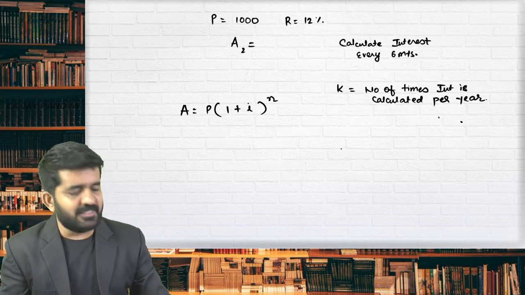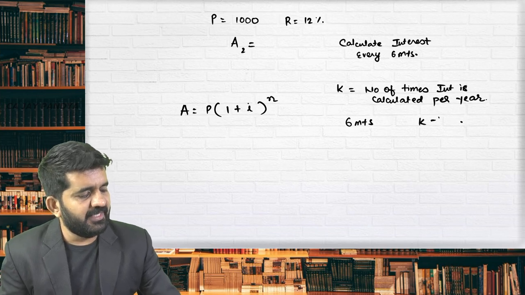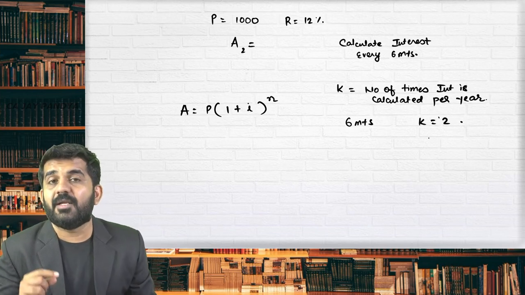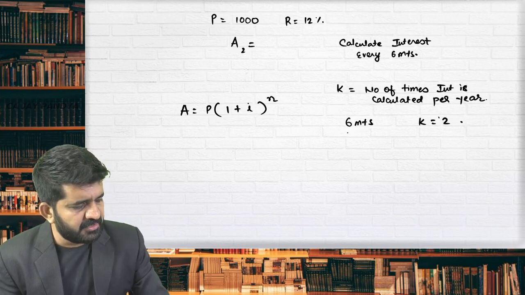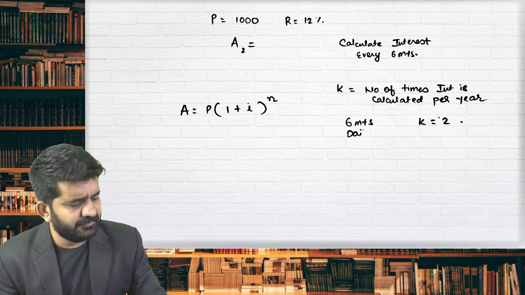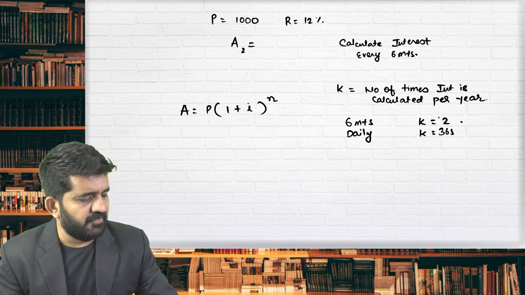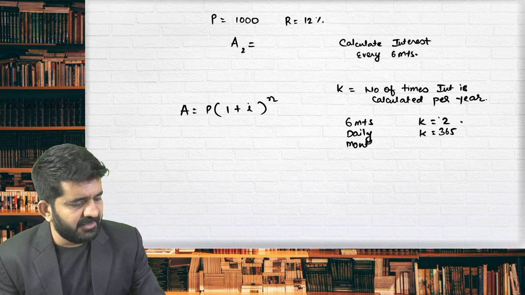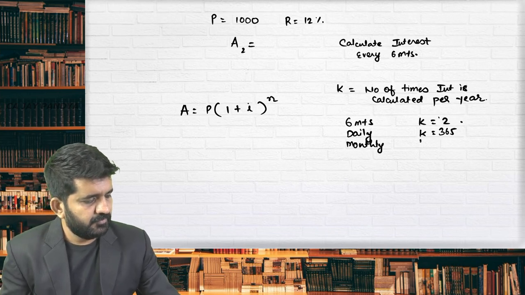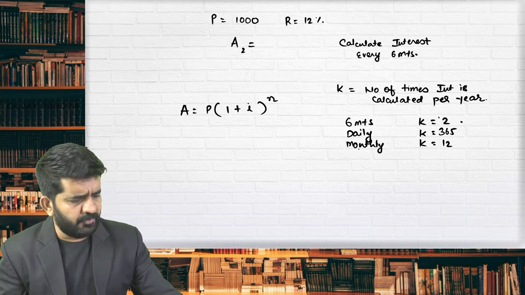If interest is calculated every 6 months, K will be equal to 2, because in 1 year 2 times interest will be calculated. If it is daily, K will be 365 or 366. If interest is calculated monthly, K will be nothing but 12. All of you agree with this, right?